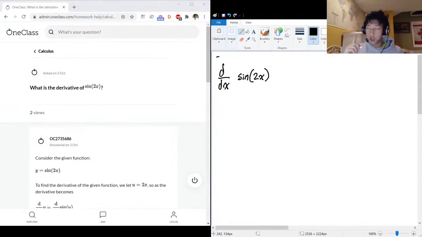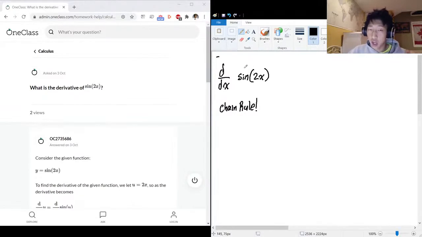Okay, so the first thing that we're going to need to recall before we handle this is the chain rule. If you forget the chain rule, you're going to be in trouble. The chain rule applies when we have a composition of functions and we're taking the derivative.